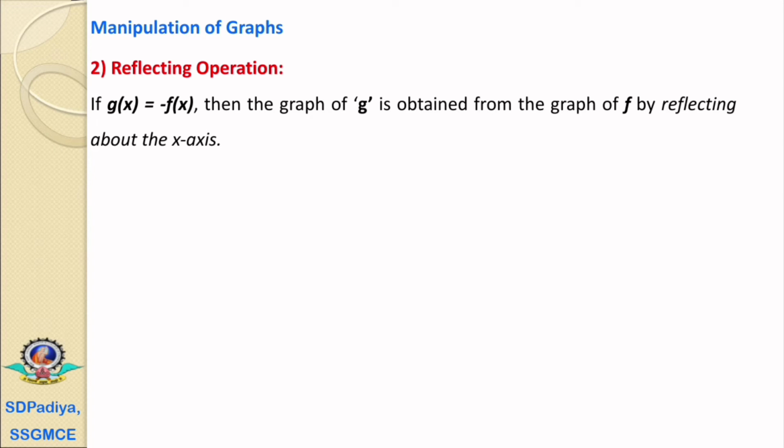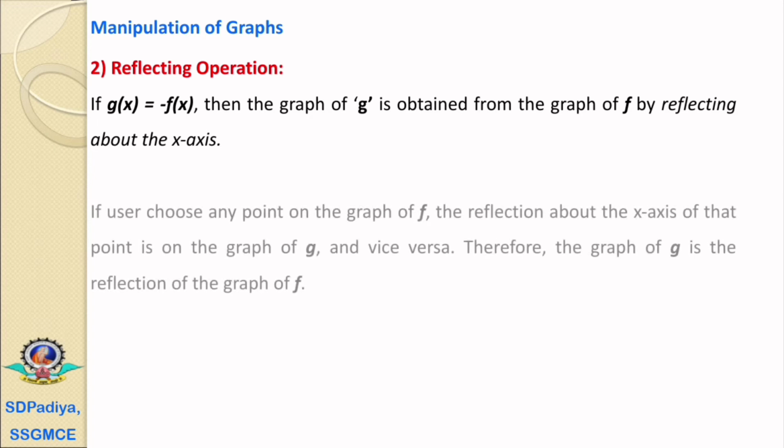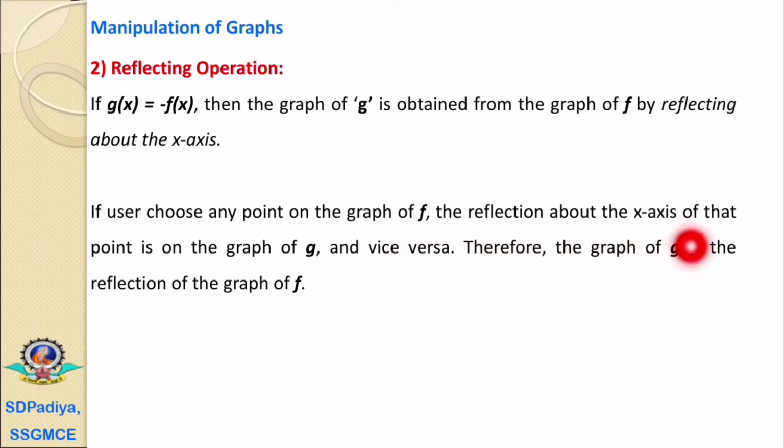We can perform the reflection of a graph about the x-axis as well as about the y-axis. If the user chooses any point on a graph of f, the reflection about the x-axis of that point is on a graph of g and vice versa. Therefore, the graph of g is the reflection of the graph of f.